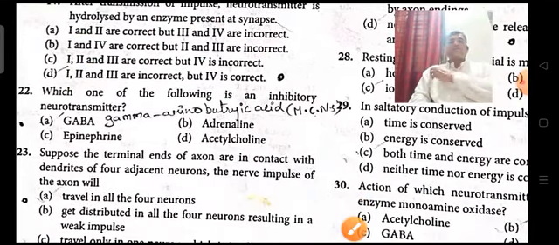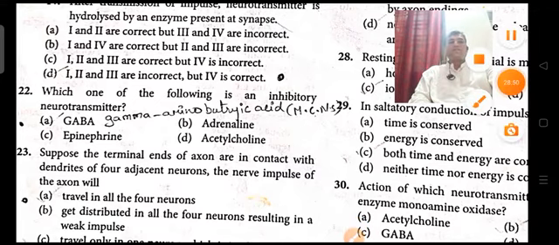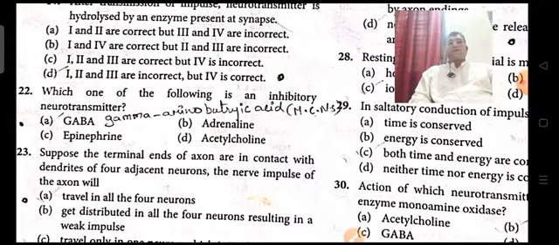Next, which one of the following is an inhibitory neurotransmitter? GABA, gamma amino butyric acid, is a very powerful inhibitory neurotransmitter in the CNS, and that is the answer.